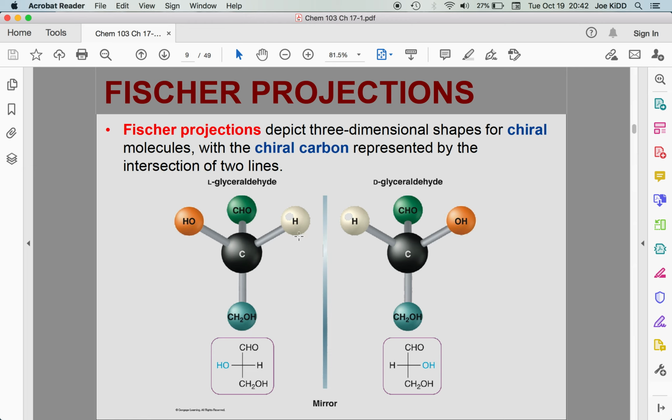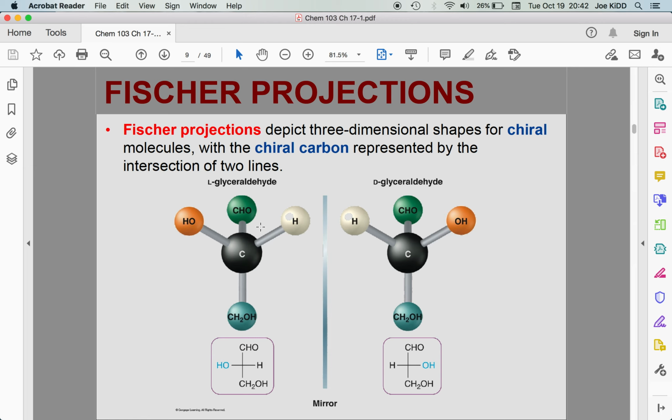To the left and the right are the 2 of the 4 groups that are coming out towards us, and so the horizontal lines in a Fischer projection are the things coming out towards you. And the other important aspect of this is wherever we have a cross here in the center, this would represent a chiral carbon. So we have C, C, C, C, C, C, OH, H, OH, H.